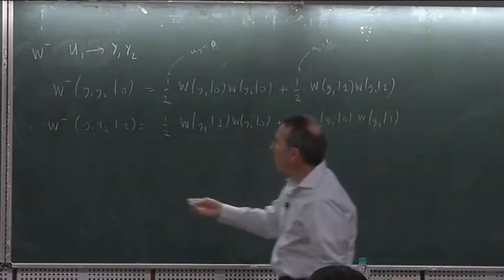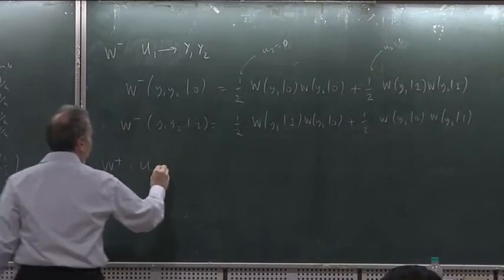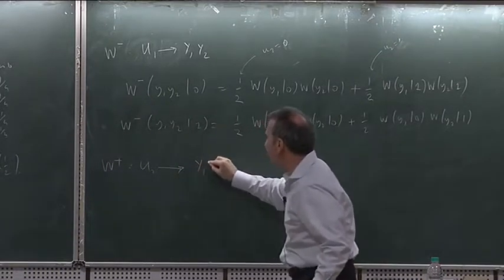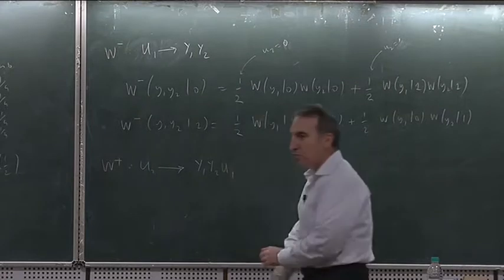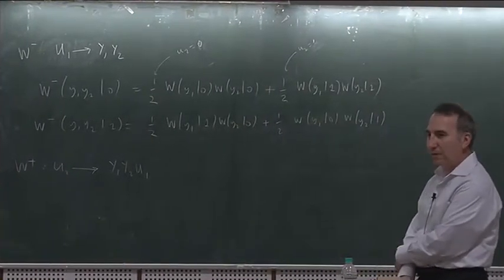And we have the W plus, which is the channel, if you recall, from u2 to y1, y2, and u1. Okay.